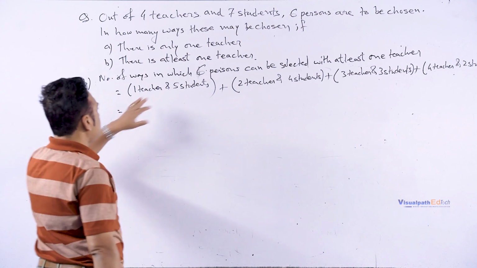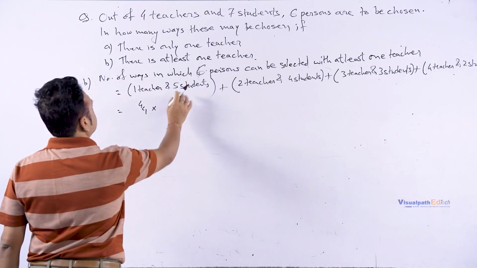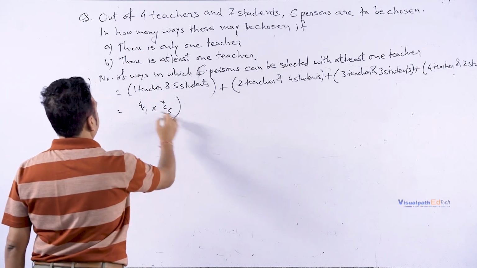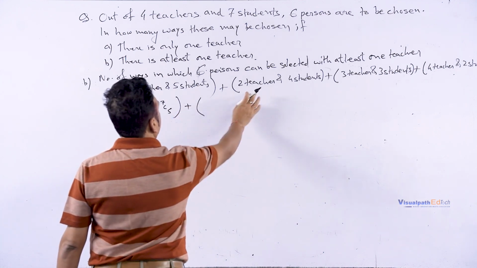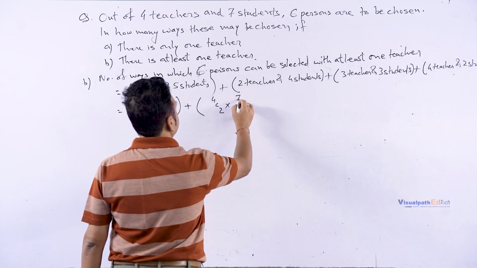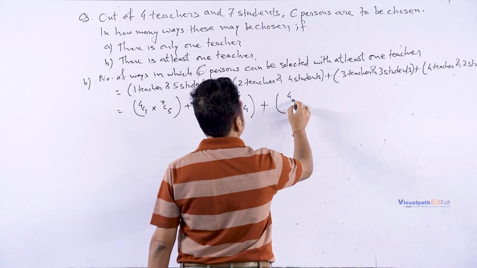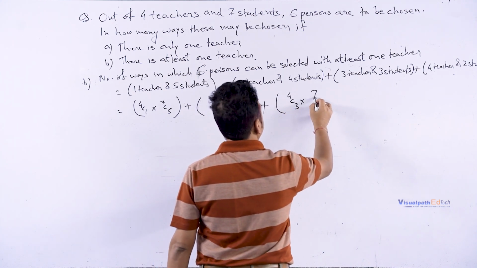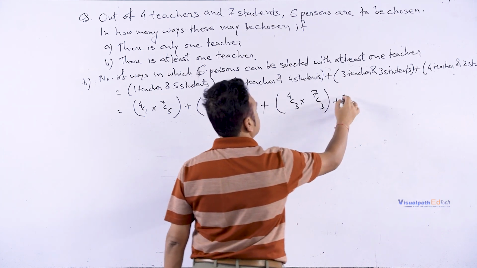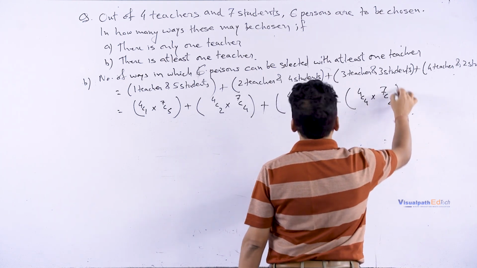Now, selection of 1 teacher will be 4C1 into selection of 5 students will be 7C5, plus again selection of 2 teachers will be 4C2 into 7C4, then 4C3 into 7C3 plus 4C4 into 7C2.